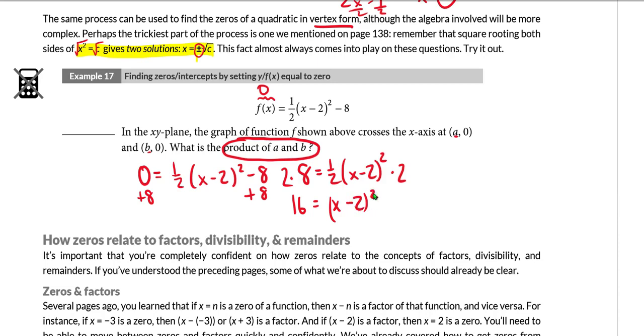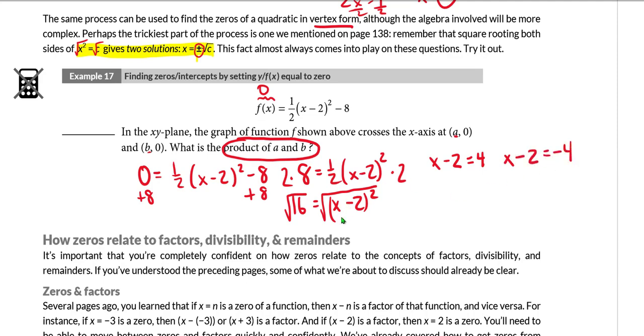Now, to further isolate the x, I do need to square root both sides so that I can get x minus 2 alone instead of (x minus 2) squared. This is that slightly dangerous step where we do have to remember that when we are square rooting a squared variable or variable expression, as is the case here, we have to account for the fact that x minus 2 could either equal positive 4 or x minus 2 could equal negative 4.